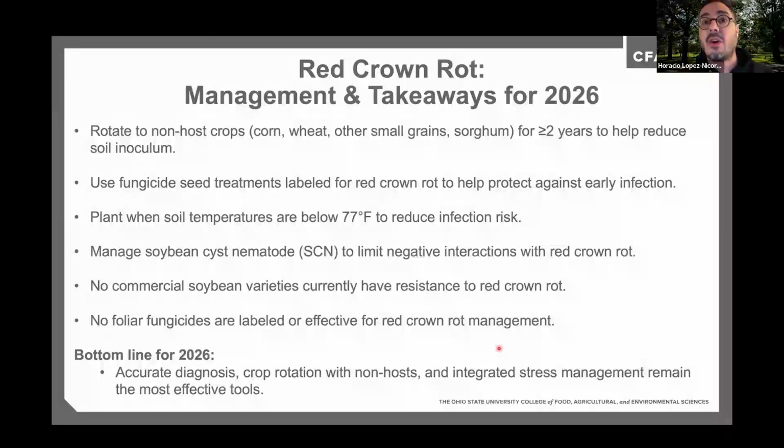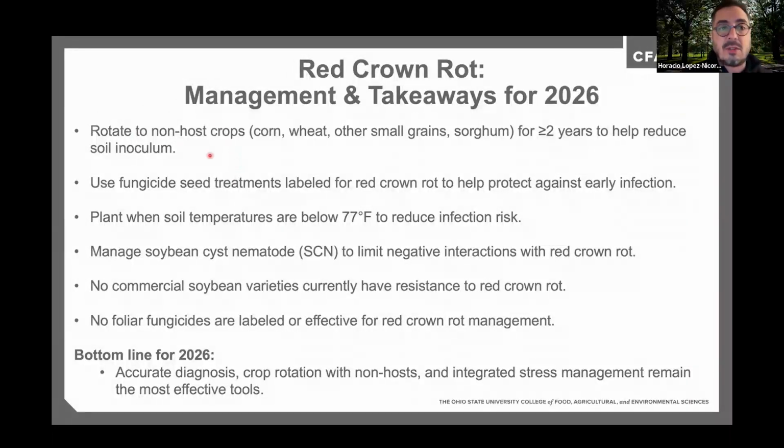Unfortunately, these primers can cross-react with other organisms. So now it can say positive red crown rot when actually the fungus is not there. So follow up with your lab. You did the test, awesome. Can you show me if you were able to retrieve the fungus? Were you able to isolate it from those symptomatic tissues as well? Do some follow-up to make sure that you have red crown rot.